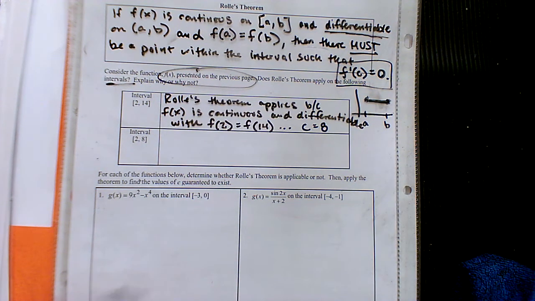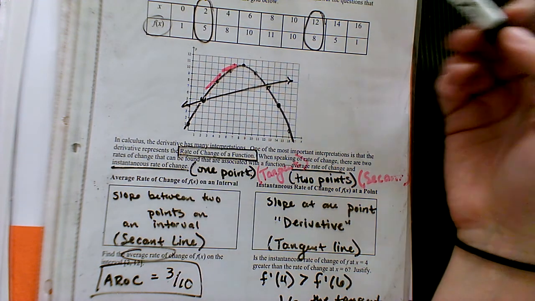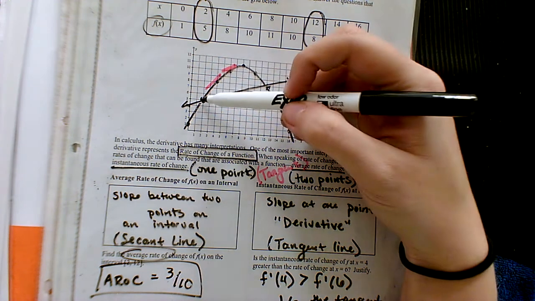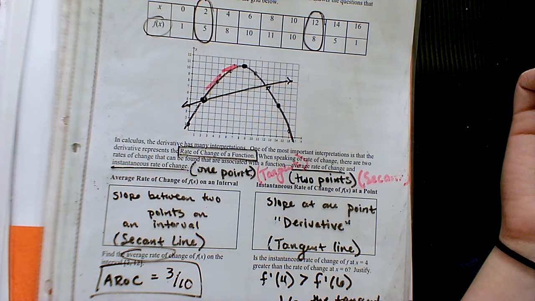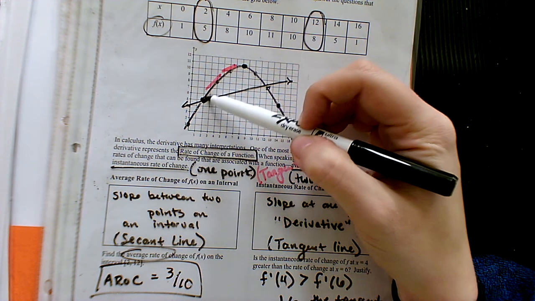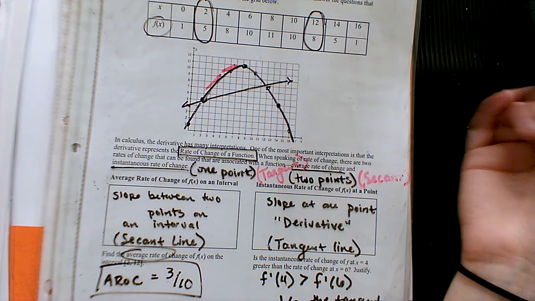What if we go from 2 to 8? It's the same graph, so we know we're continuous, we know we're differentiable. Do the endpoints at 2 and 8 match? No. So since these endpoints do not match, we're not guaranteed a derivative of 0 somewhere. And notice how that makes sense, because in this little section, there's no max, there's no min, there's no level spot.